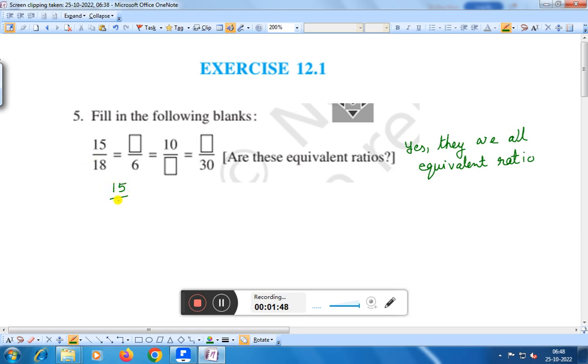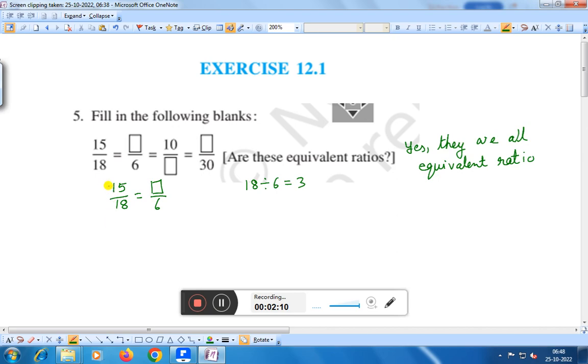Now the first one, you see, is 15 by 18 is equal to dash by 6, right? First of all, you divide 18 by this number 6. 18 divided by 6 is equal to 3, right? That means if we divide 18 by 3, we will get 6.